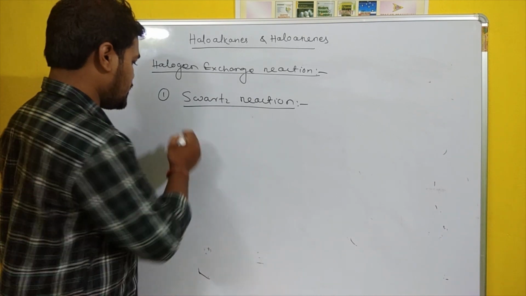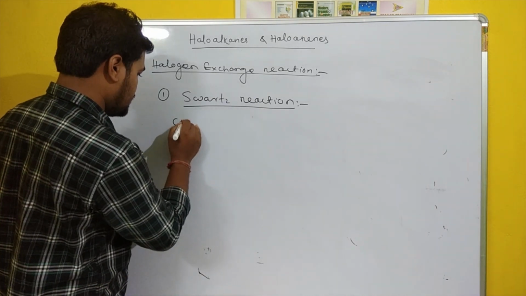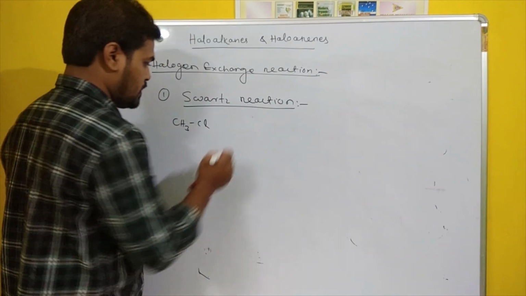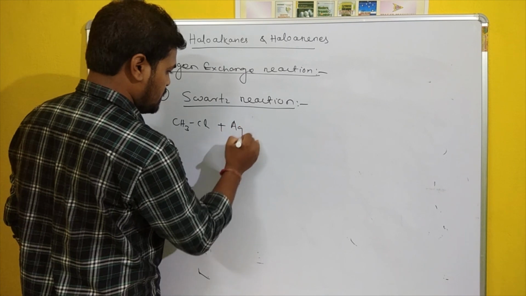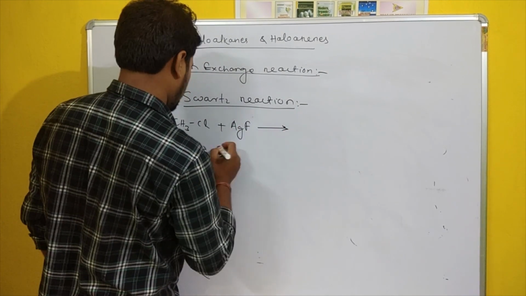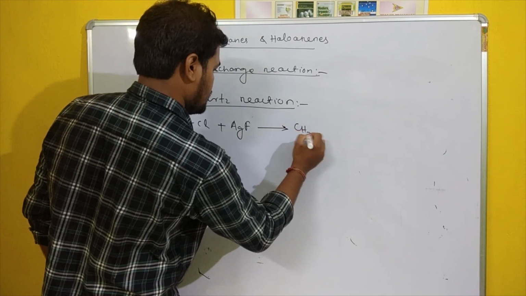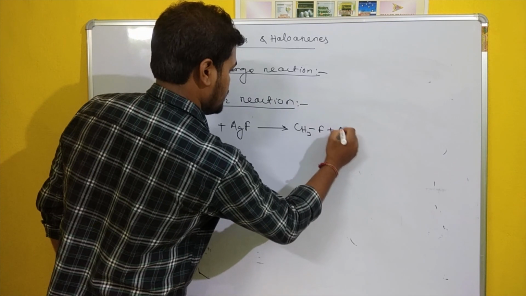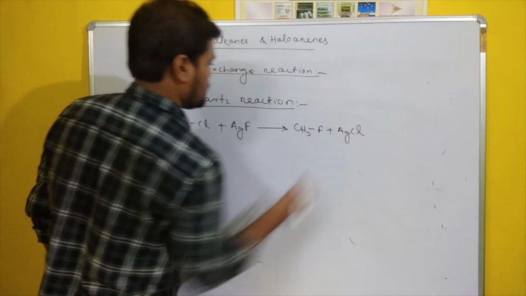In the first reaction, if methyl chloride reacts with silver fluoride, it gives CH3F plus AgCl.